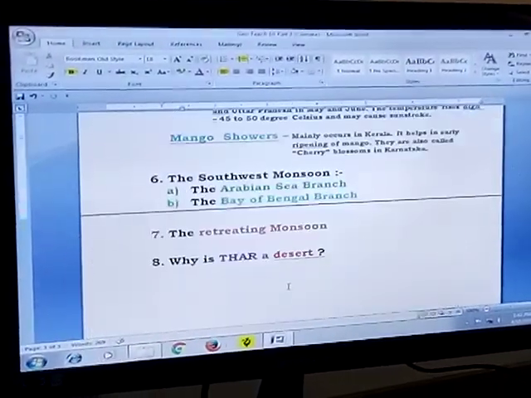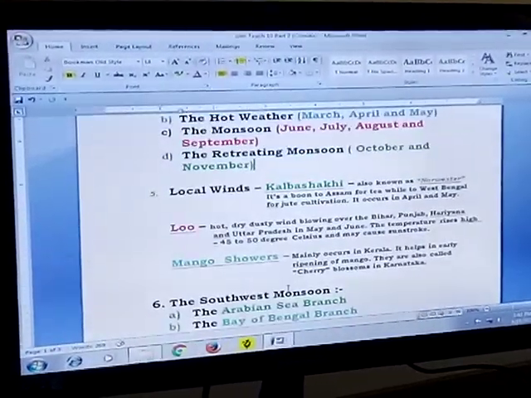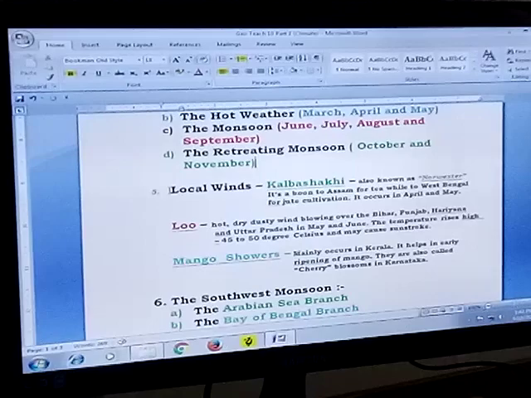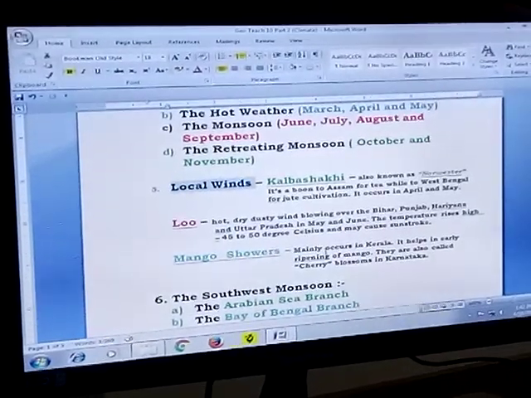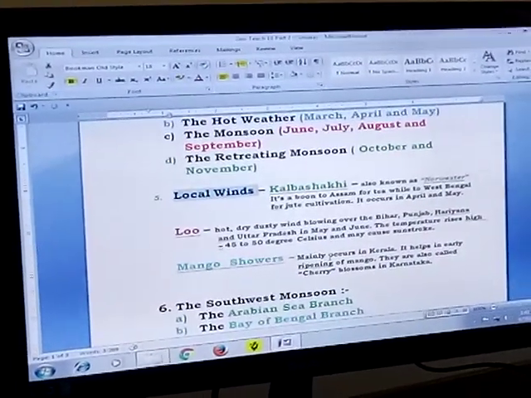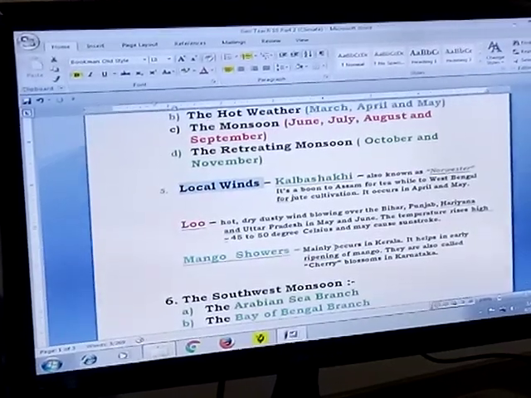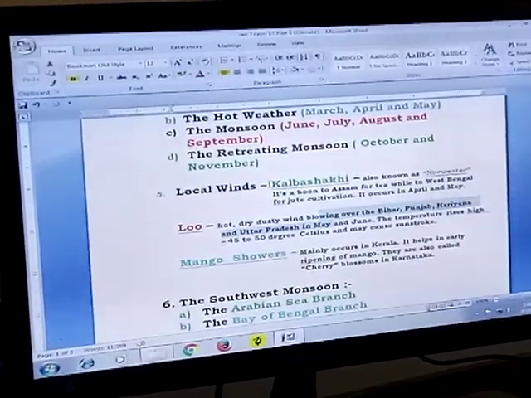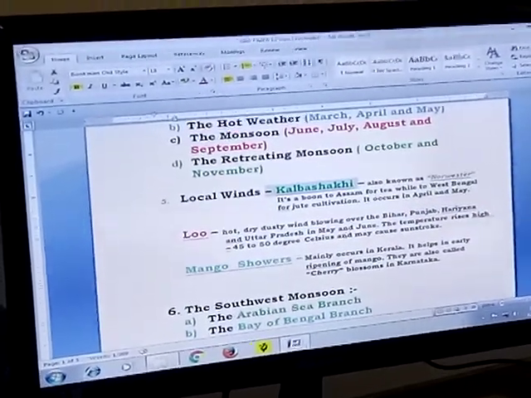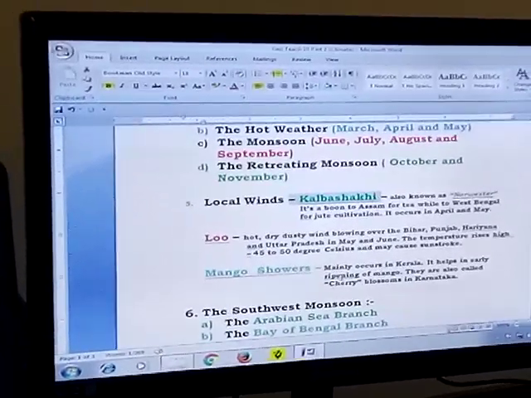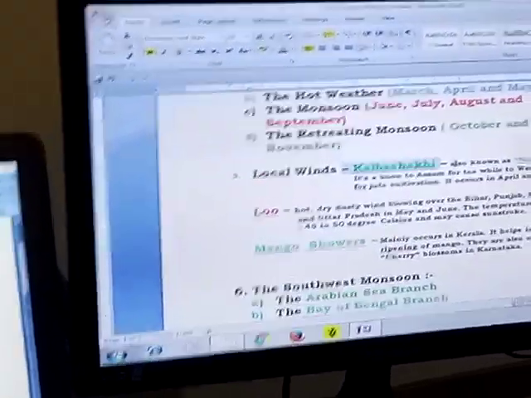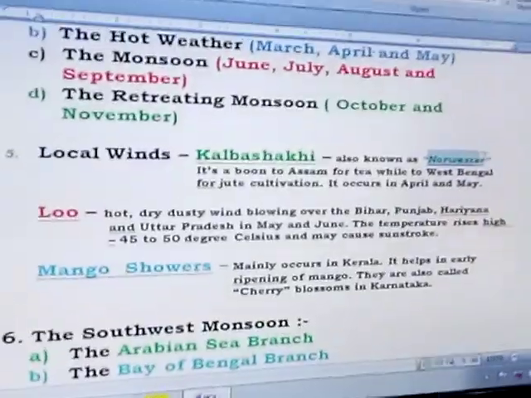Our next subtopic is some local winds. In India, we have three very important local winds. One is Kal Baisakhi. Now it is almost the time for Kal Baisakhi to happen. Kal Baisakhi is also known as the nor'wester.